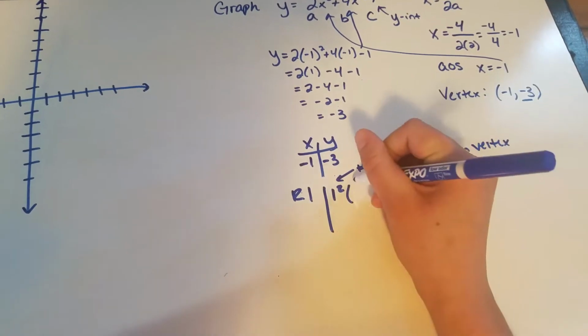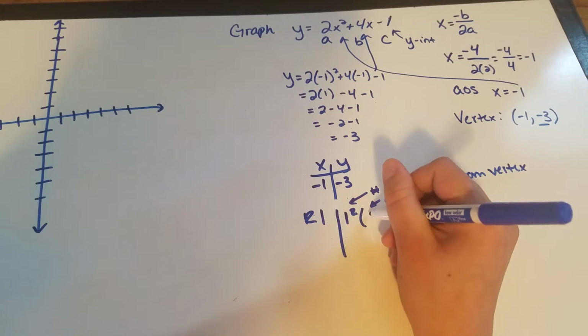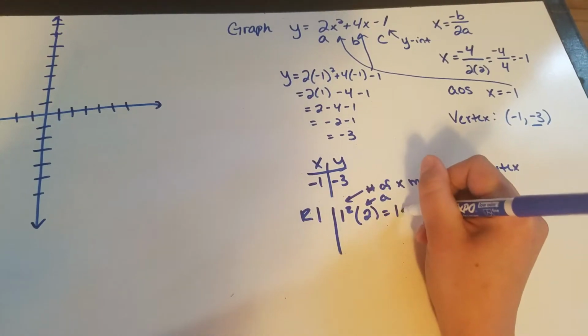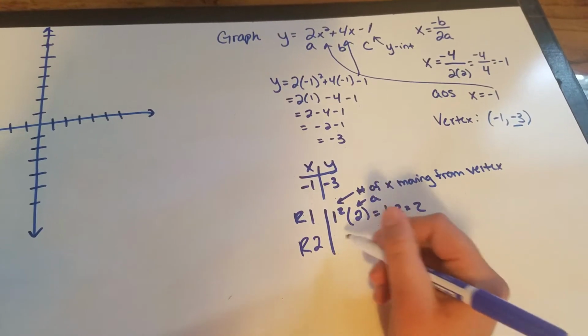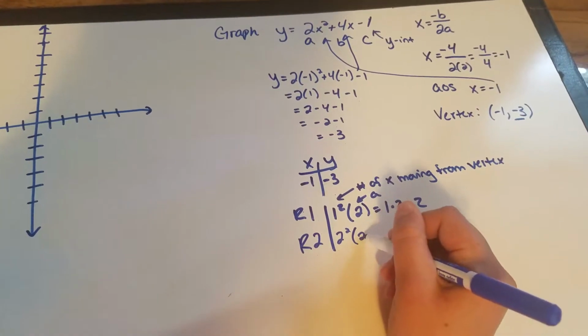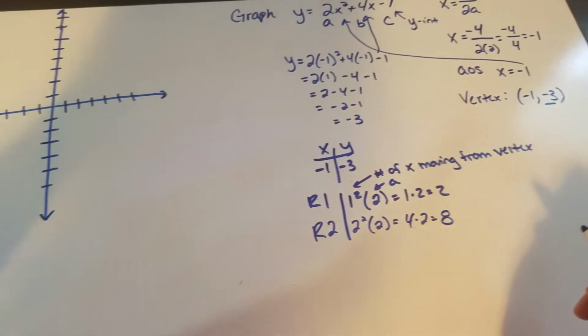And then times our a value, which in this case, you can see up top, it is a 2. So 1 squared is 1, 1 times 2 is 2. We would do the same thing for right 2. So we would do 2 squared times 2. 2 squared is 4, 4 times 2 is 8.